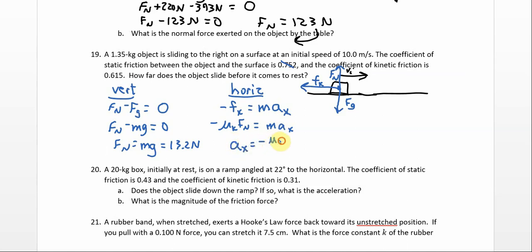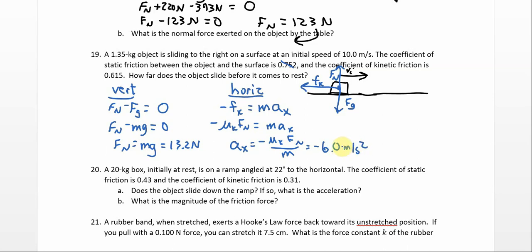It is negative mu k Fn over m, and I have all three of those. So I put them into my calculator. I get negative 0.615 for mu k times my 13.23 newtons, divided by my mass of 1.35, and I get negative 6.0 meters per second squared.